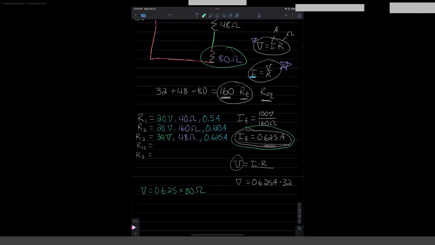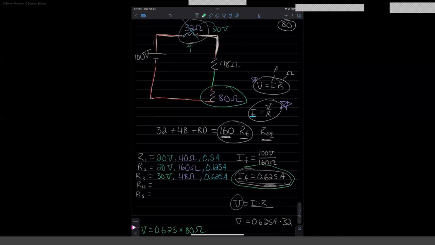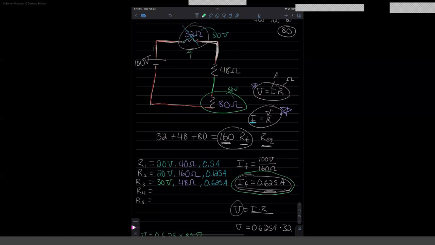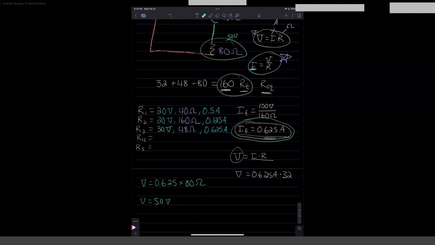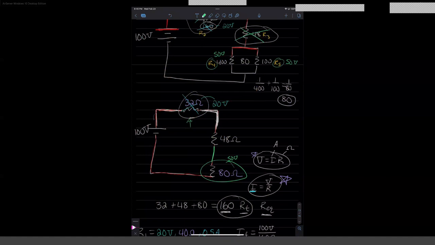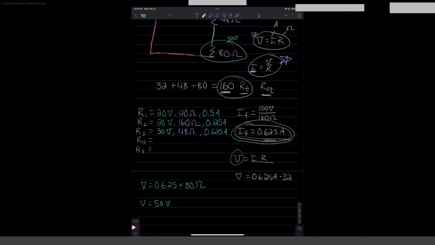So then I get a voltage of 50 volts. That means both of these are getting 50 volts. So we can plug that into our table here. This one's R4, this one's R5. They're both getting 50 volts.